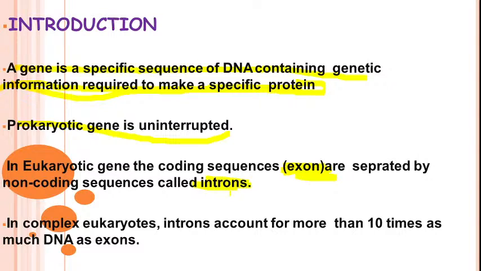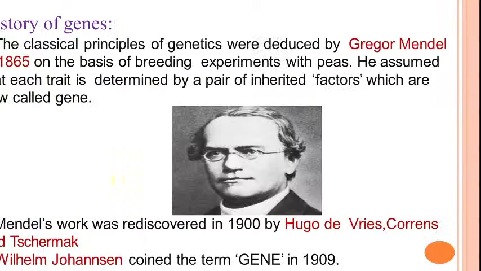So in eukaryotic organisms, we have exons as well as introns. In complex eukaryotes, introns account for more than 10 times as much DNA as exons.